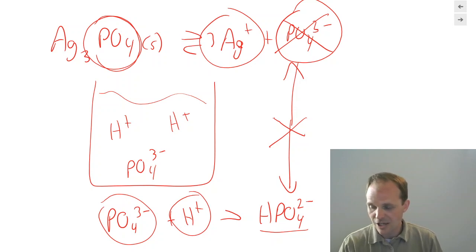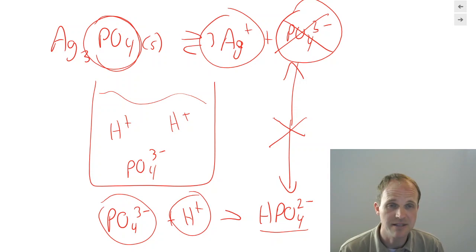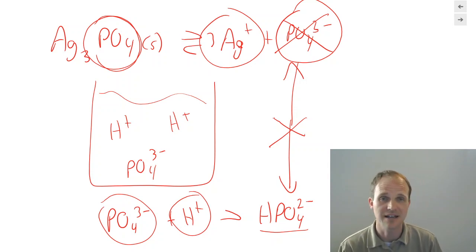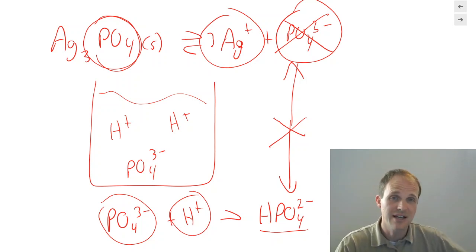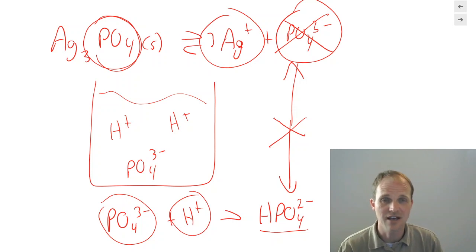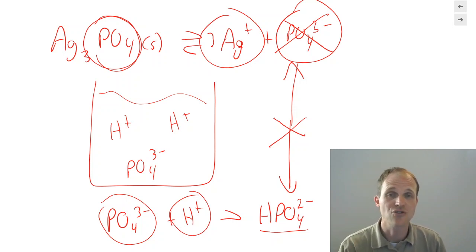And it's general. The solubility of an ionic compound with a basic anion, right? Phosphate's a basic anion. What else is a basic anion? Hydroxide's a basic anion. Is chloride a basic anion? No, because chloride is a very weak base. It's the conjugate of a strong acid. HCl loves to dissociate. It's not going to go back and try to make HCl. What other weak ones? Nitrite, carbonate, right?